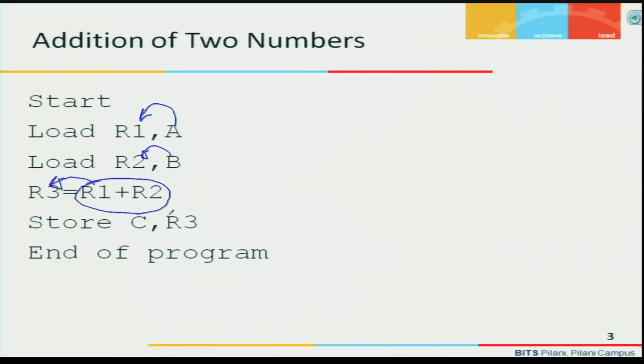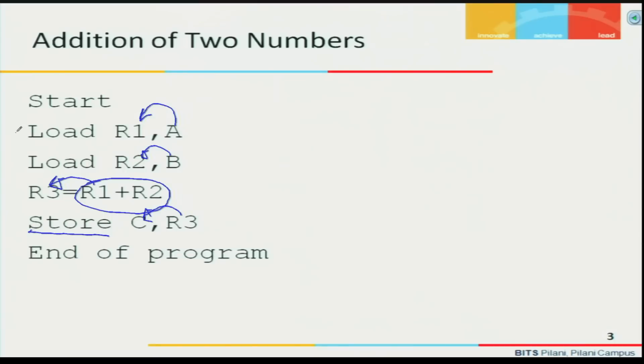And finally, the computed result, the addition of the contents of R1 and R2, which are nothing but the values of memory location A and memory location B, is put into a new memory location, let us say C. For that the store instruction is used.